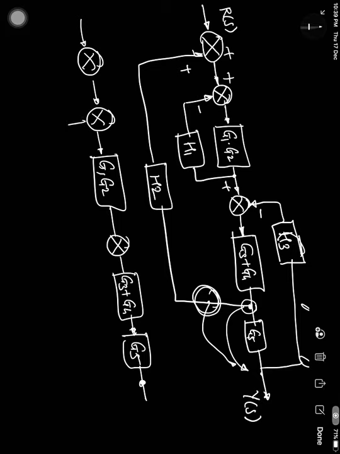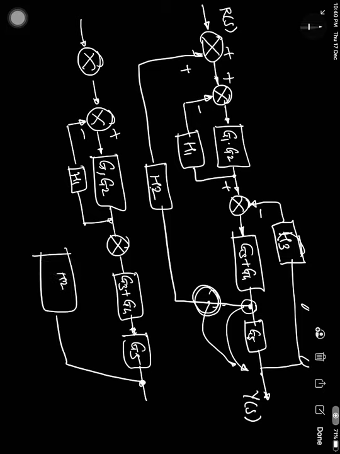Before that, I will draw this closed loop H1 as it is, minus plus. As this point has been shifted towards the right, I am supposed to divide with the help of G5. So this block becomes H2 divided by G5.